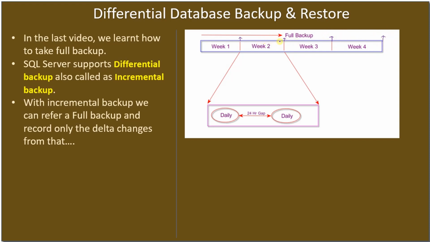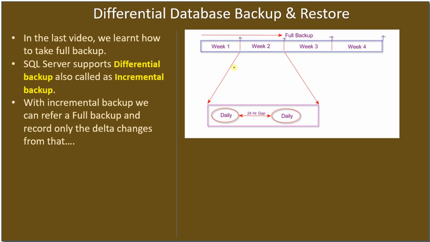The time period is usually decided by the SQL Server administrator based on how quickly the database grows, and based on that they will decide the full backup as well as the transaction backup period and incremental backup period. So in this example, a full database backup was taken every week.